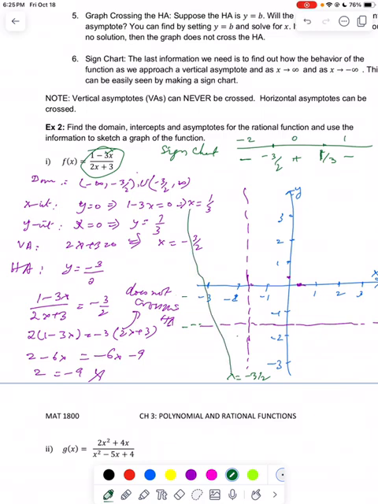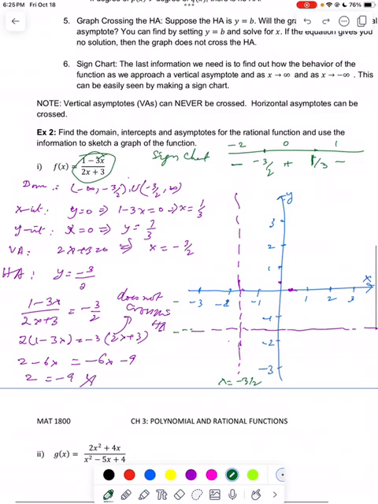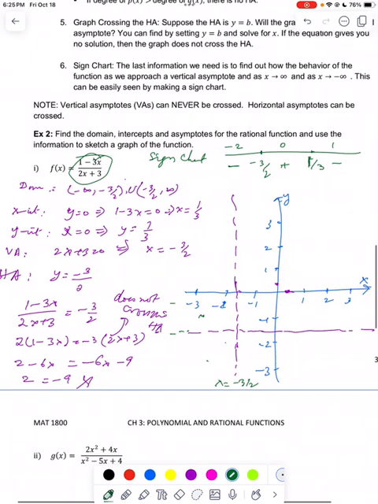For that, if we can get at least one value, that will tell you whether the graph is going to be in this compartment or in that compartment. So for example, pick the value -3 and plug it in your function. You get 1 plus 9 over -6 plus 3, so we end up getting 10 over -3, which is about -3.33.